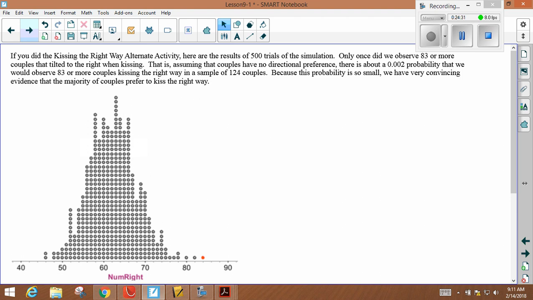In this case, it looks like there is only one, this one right here, right? And we calculate that as a 0.002 probability that you have 83 or more couples kissing, right? So the probability of something like that happening by chance is 0.002, right? Which is extremely unlikely. So then we would say that there's very convincing evidence that couples prefer to kiss the quote-unquote right way, with their heads tilted to the right.